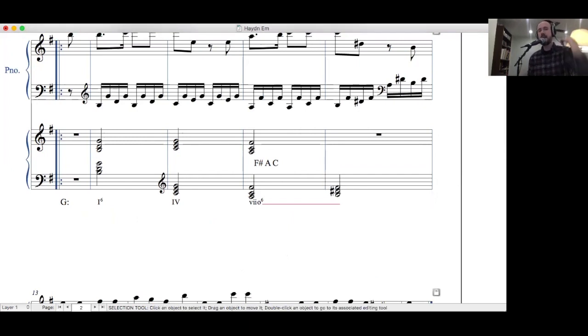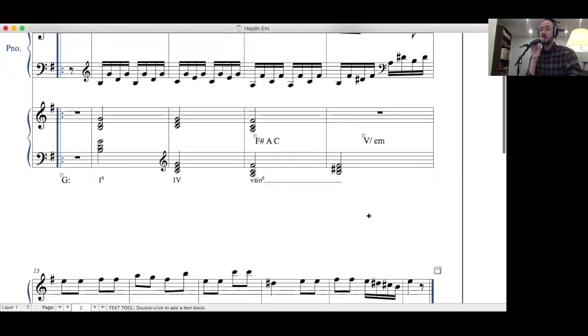B, D sharp, F sharp, right? Booyah. So now, we know that B, D sharp, F sharp, that's what in E minor? If we were in E minor again, what would that be? It's 5 of E minor. Wow. 5 of E minor. And let's look.